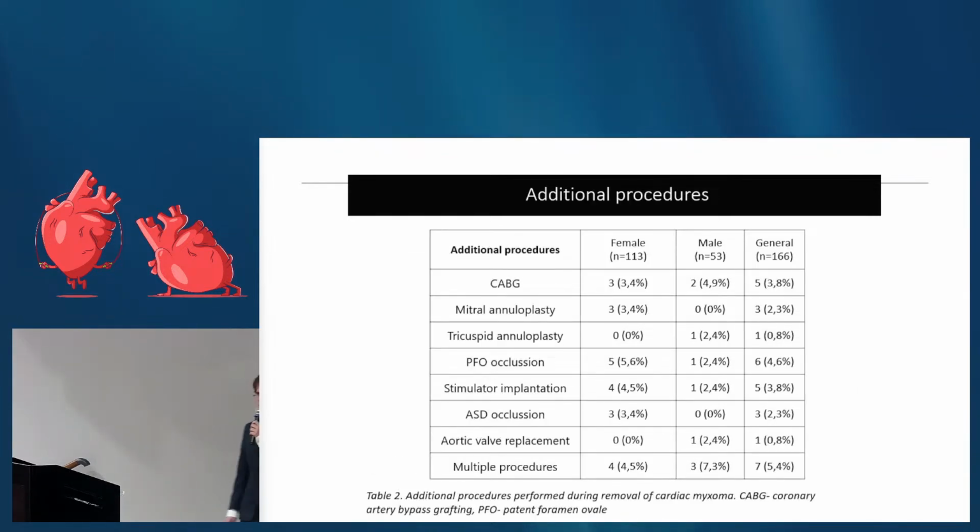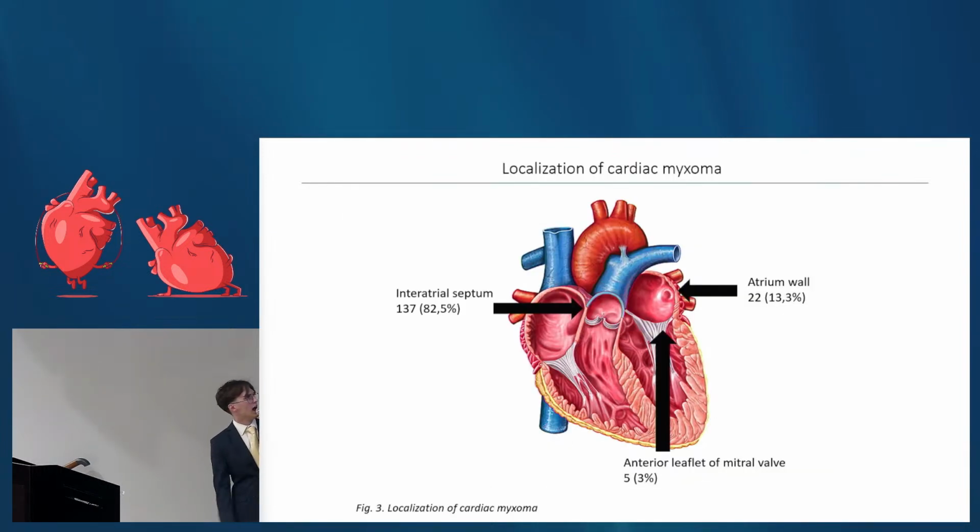The additional procedures conducted during the cardiac myxoma removal varied. The most common one was patent foramen ovale occlusion. And on the figure we have presented the locations of cardiac myxoma. The most common one was the interatrial septum.